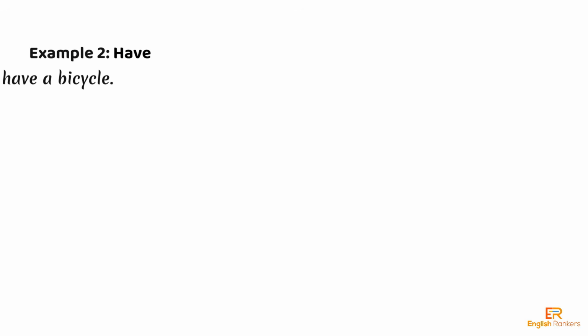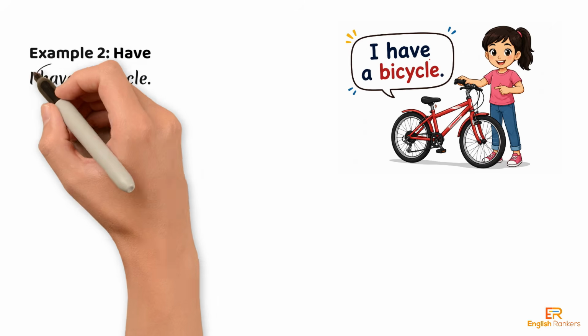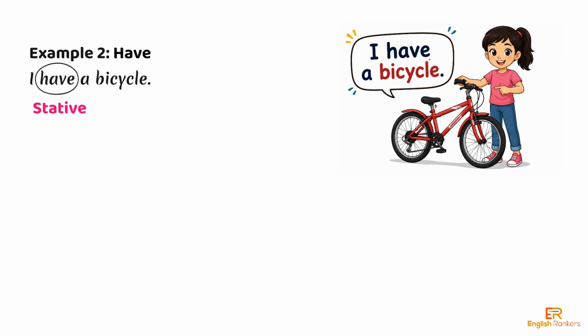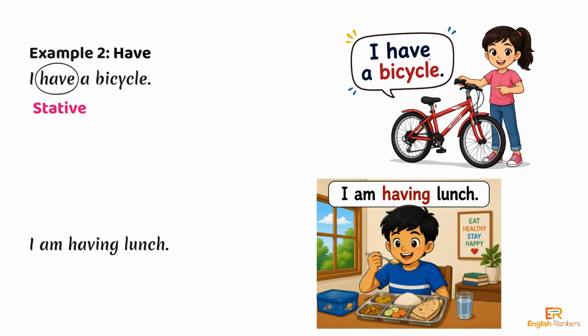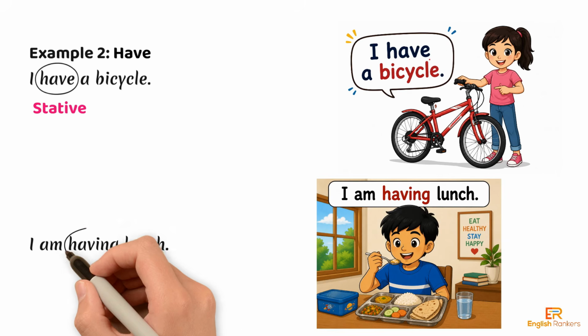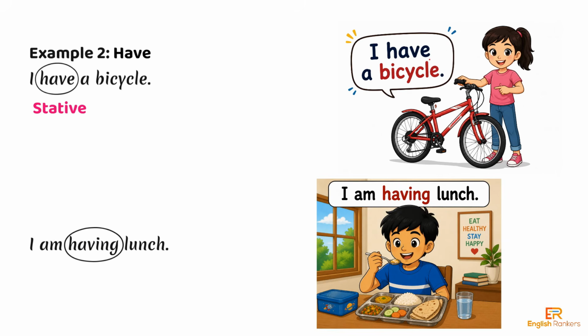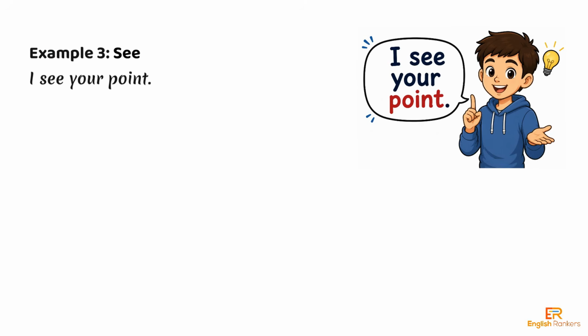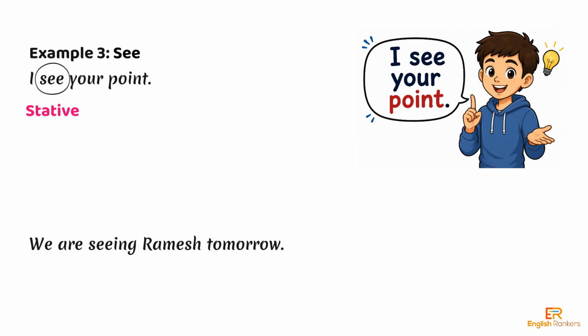Example number two, have. I have a bicycle. Here, have means possession. So, it is stative. I am having lunch. Here, having means eating lunch. That is an action. Example number three, see. I see your point. Here, see means understand. So, it is stative.